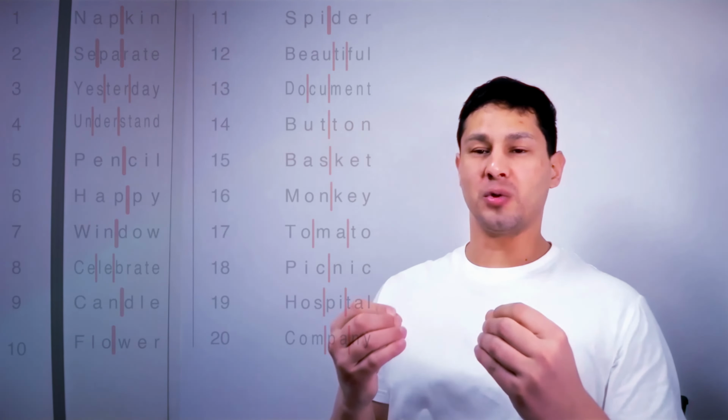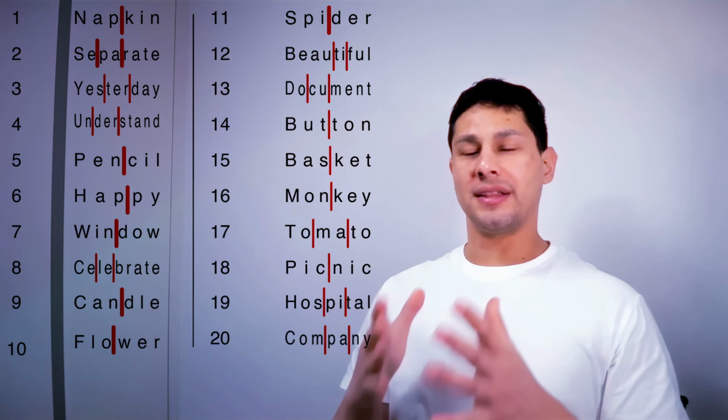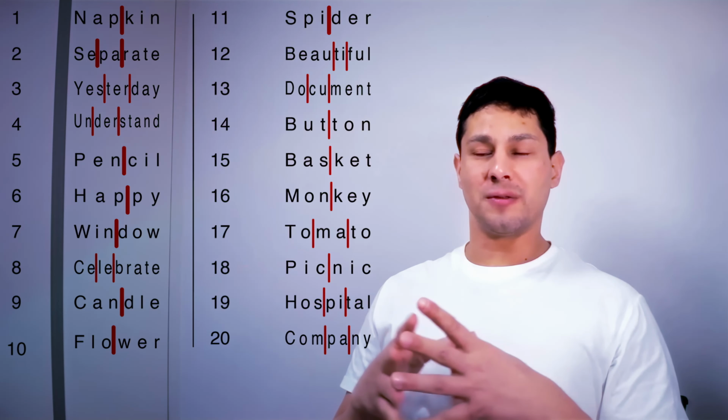Last skill we have is segmenting. This is the ability to break words down into smaller sound units. And the way I teach this is very simple. Take a word like simple, for example: sim-ple. I use a clap so that the students can physically feel where those breaks are, and then be able to chunk the words into different phonemes.